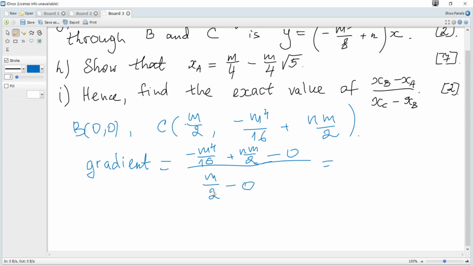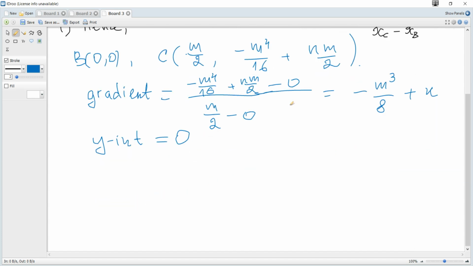You can see that we can multiply each term in the numerator and denominator by 2 and divide by m to get finally that it's negative m cubed over 8 plus n, and we should emphasize that the y-intercept is 0.